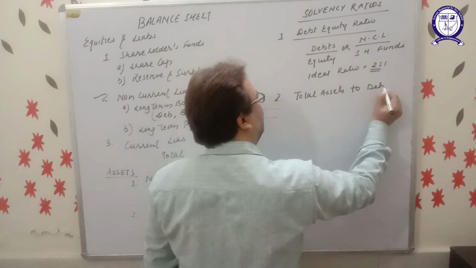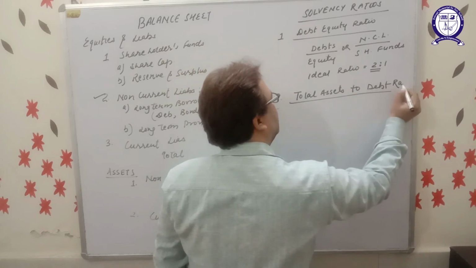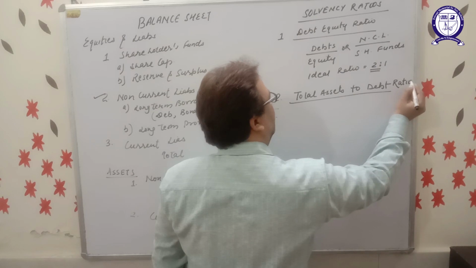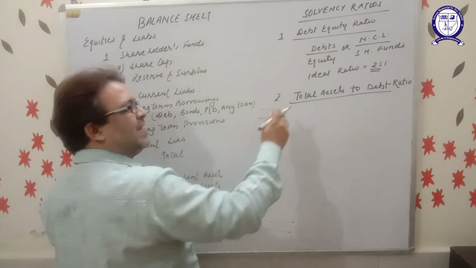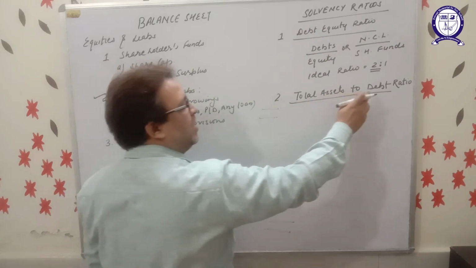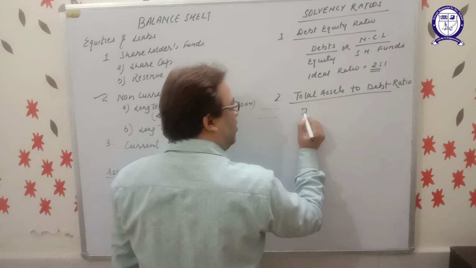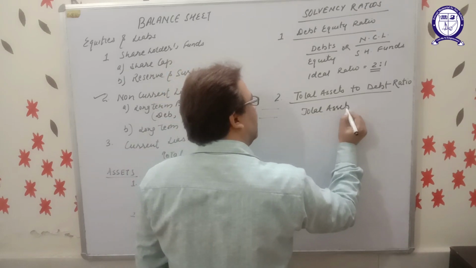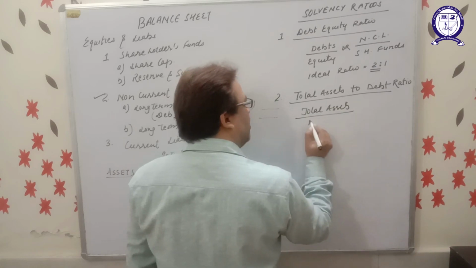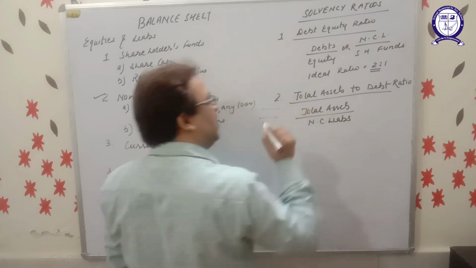Next ratio is total assets to debt ratio. This ratio is used to know how much amount which is invested in assets is taken from outsiders. The formula of total assets to debt ratio is total assets divided by non-current liabilities.